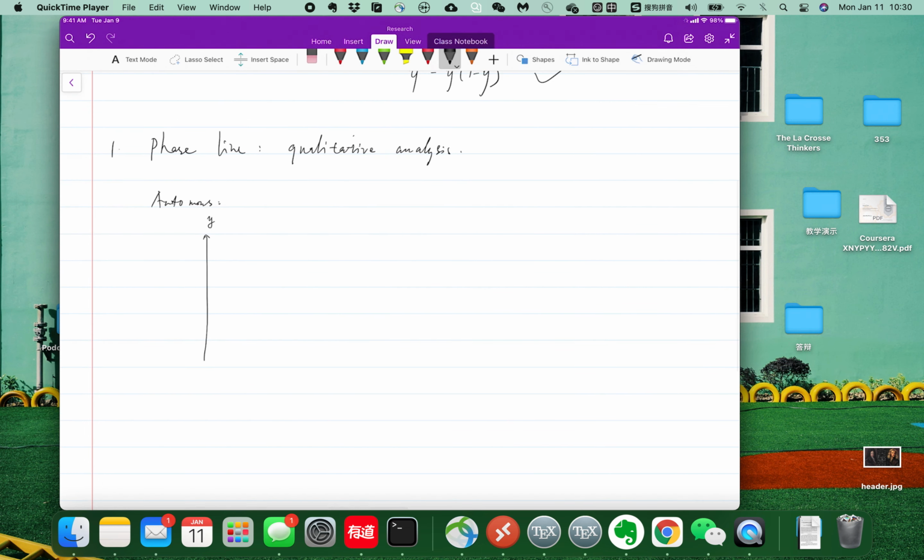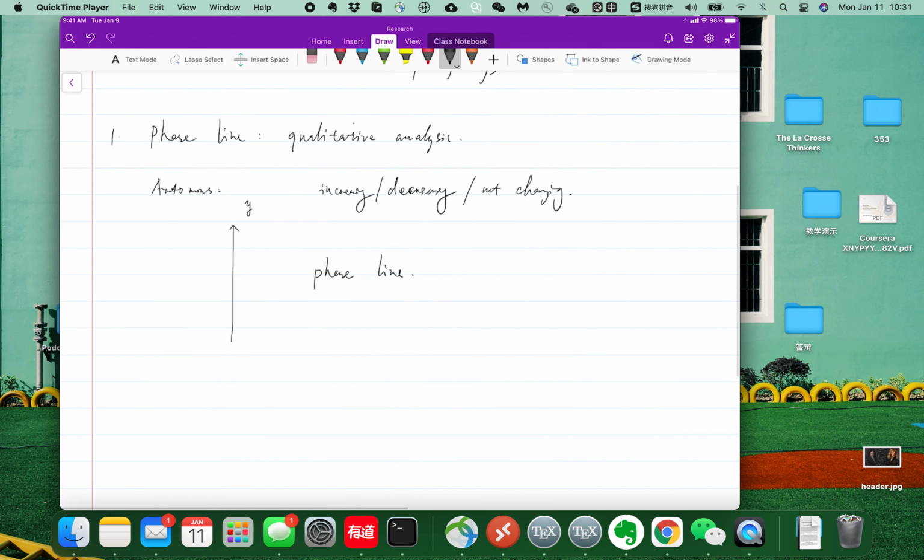Second, we do not care about increasing fast or slow. We just care about, are you increasing or are you decreasing, but not how fast. Moreover, we care about, are you not increasing or decreasing, which means you are not changing. Then we can squeeze all the information into one single line involving only y. And we call this one the phase line.